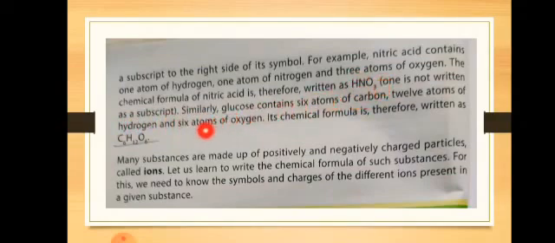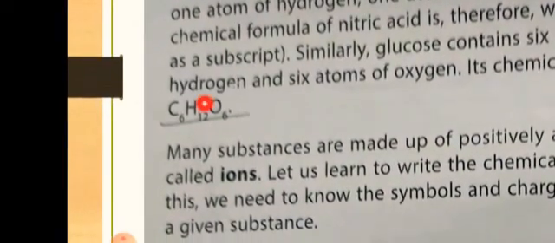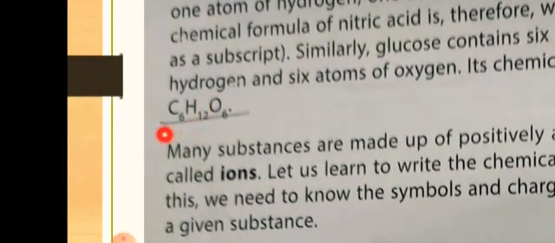No. Then similarly, glucose contains 6 atoms of carbon, 12 atoms of hydrogen and 6 atoms of oxygen. While writing the formula of photosynthesis, you must have come across this formula. So you can see how to write the formula of glucose.